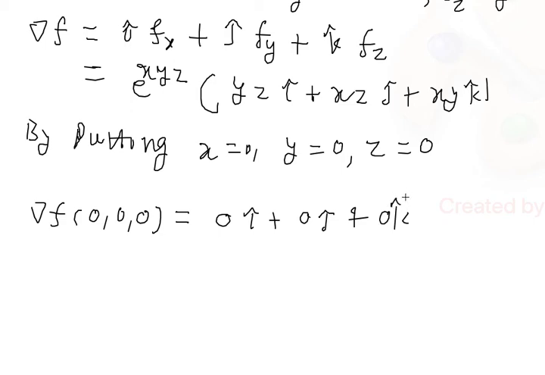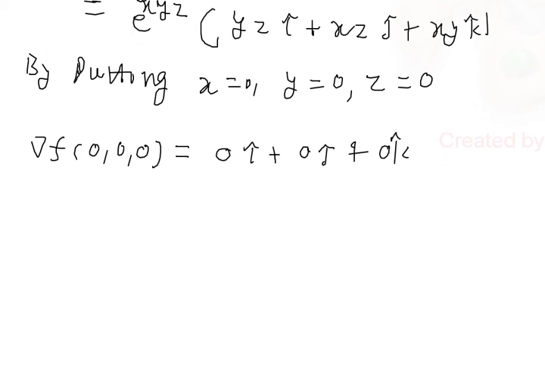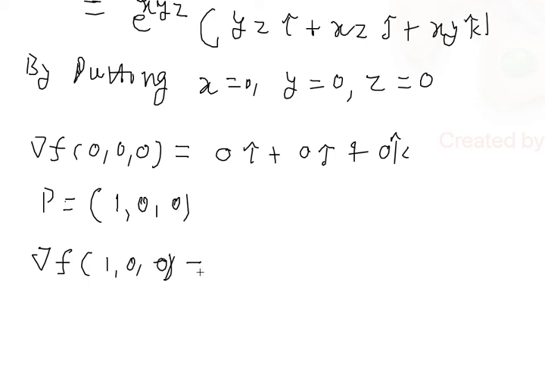By a similar way we can find the gradient vector at some other point as well. So let us give some more examples. Let us say the point P is (1, 0, 0). When we put x equal to 1, y equal to 0, z equal to 0, then grad f at (1, 0, 0) equals what?